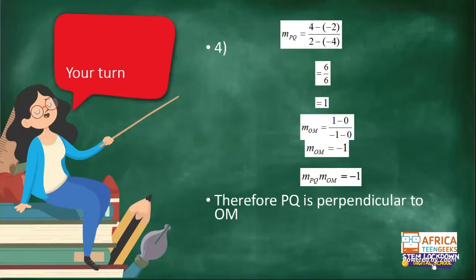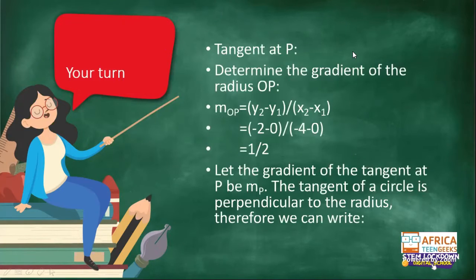Therefore, by showing all these steps, you have shown that PQ is perpendicular to OM.